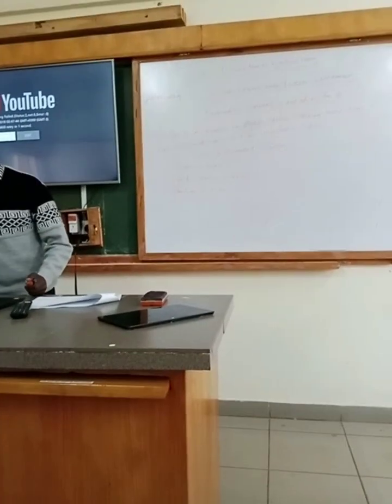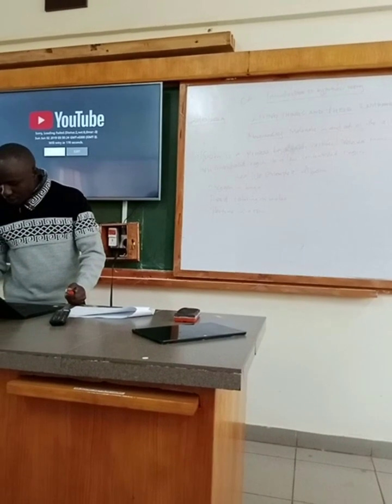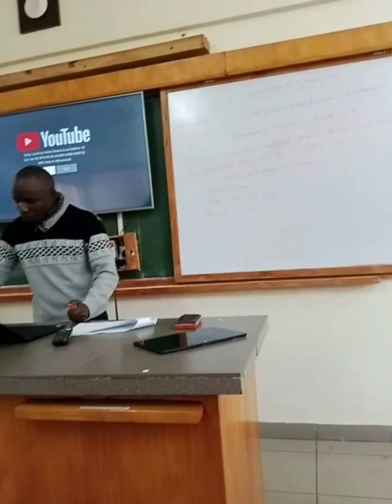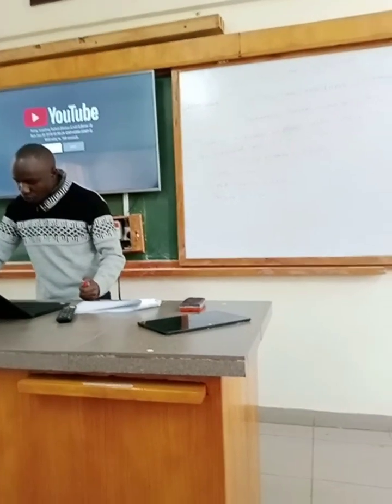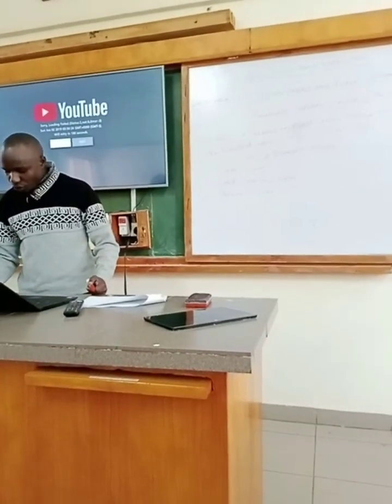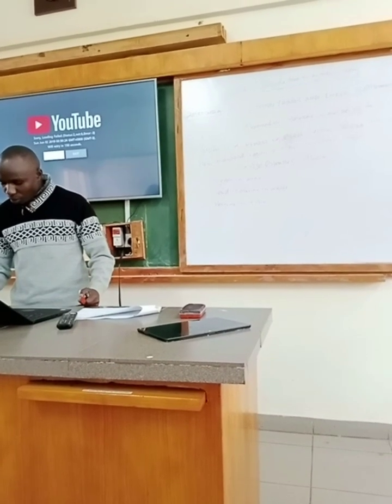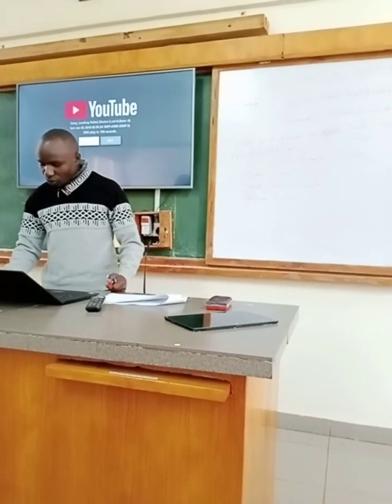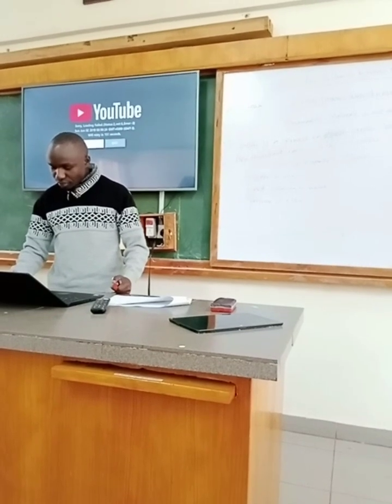So what do they mean? I will start with perfume. When you spray perfume in one corner of the room, the scent gradually spreads through the entire space. This is an example of diffusion where the perfume molecules move from an area of high concentration to an area of low concentration in the air.